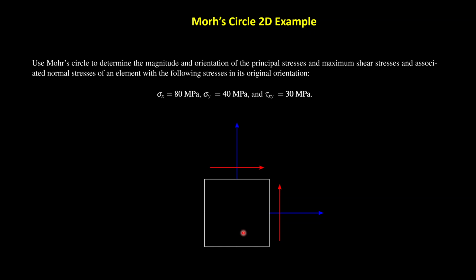So the 80 megapascals is a normal stress coming out of this face, oriented along the horizontal axis. Then we have sigma y, 40 megapascals, along the vertical axis, and the remaining one, you can already figure out, is the shear stress. So this is how these three stresses can be represented in the planar case.